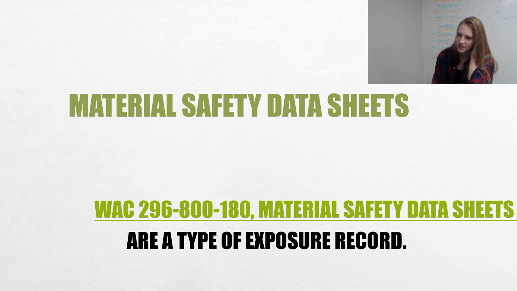MSDSs, the material safety data sheets, are a type of exposure record, and they must be retained and made available to employees, their representatives, and the department as exposure records. I think we talked about this as well. If you need SDSs, they're at the parts window in the shop, and they should be in all your truck binders as well. And see the PFS Health and Safety Manual for our written HAZCOM plan.